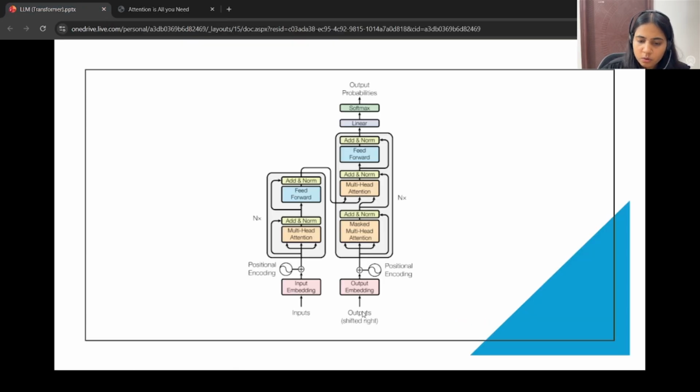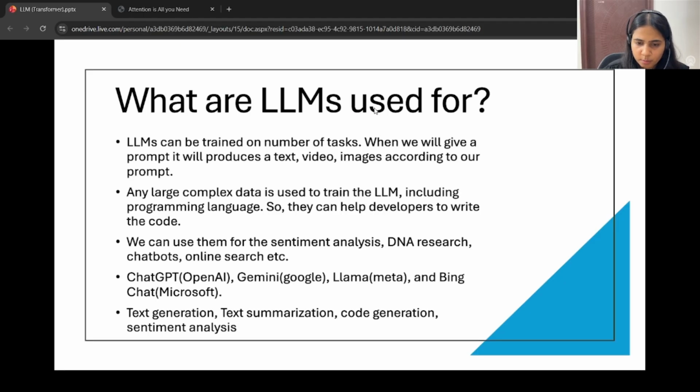This is the original architecture. Here it is mentioned as multi-head attention. We'll be using the multi-head attention, and we'll have masked multi-head attention. All these go one by one to another layer, and at the end we'll have linear and softmax calculations, and we'll get our output probabilities.